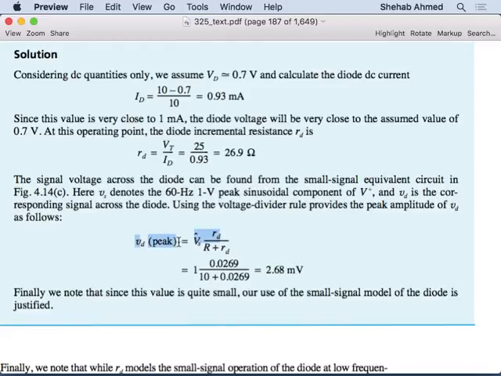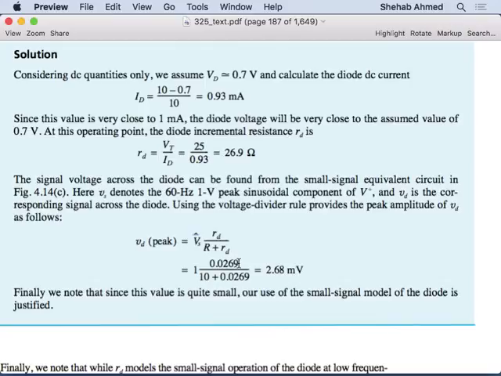Now this VD is the voltage on the diode due to the VS ripple, which was given, right? The VS ripple is a sine wave with a 1 volt peak to peak. So they're asking you what is the peak value of the diode voltage ripple. Remember, the diode voltage will be 0.7 plus some ripple, minus some ripple.